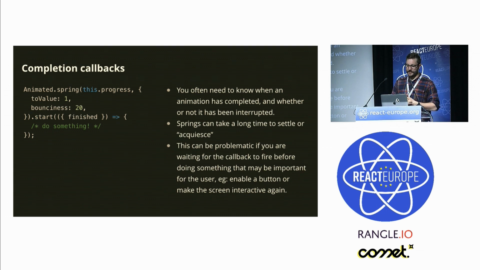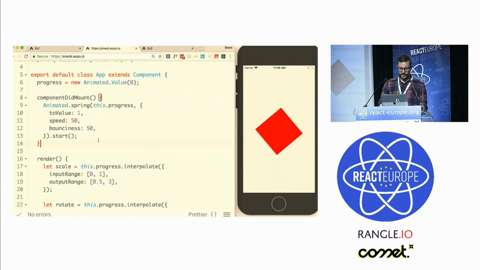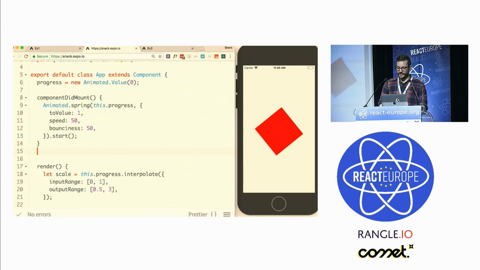And it's a little bit tricky sometimes with springs. As we saw, it can bounce and oscillate around a value for a long time before settling. I think the term is acquiesce. And so this completion callback only fires when it is completely settled. If we look at this example here again, it's still moving very small amounts, and often the amount that it's moving by will be almost imperceptible.